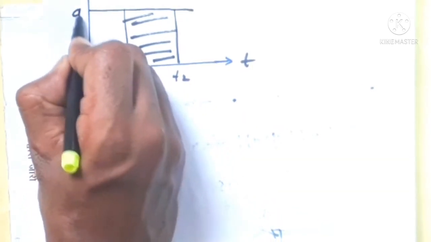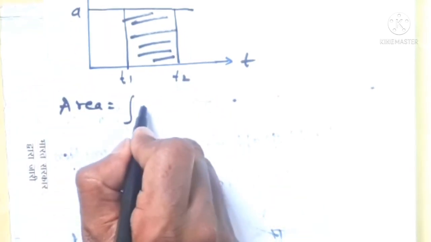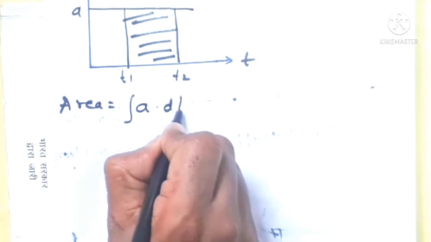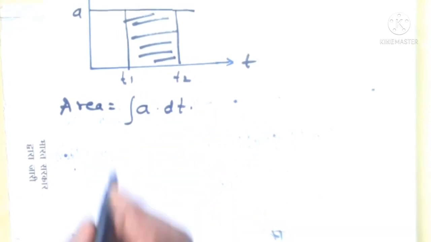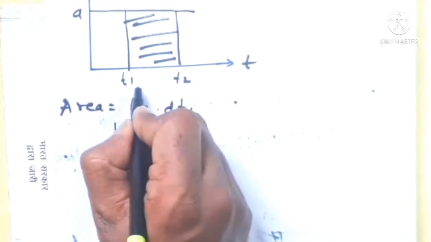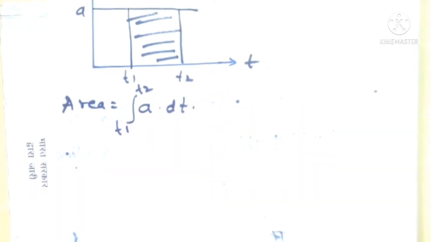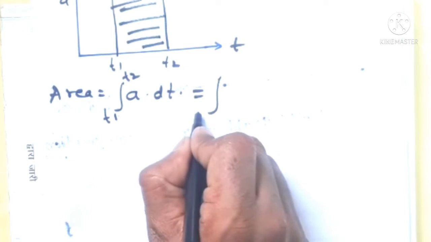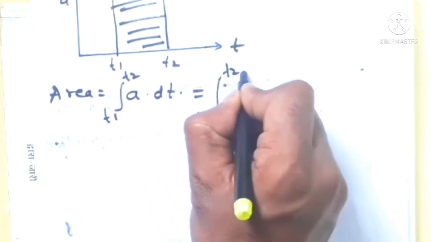acceleration, which is constant, times dt, as time varies, from t1 to t2.